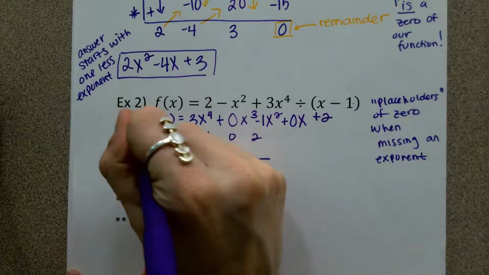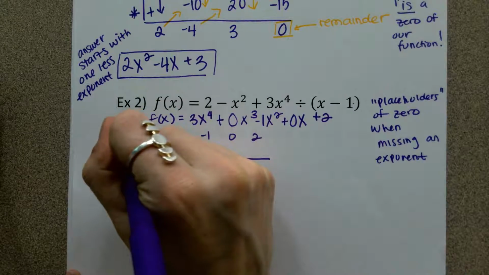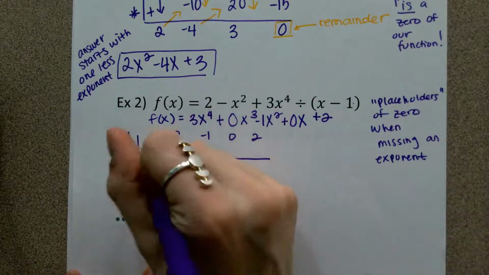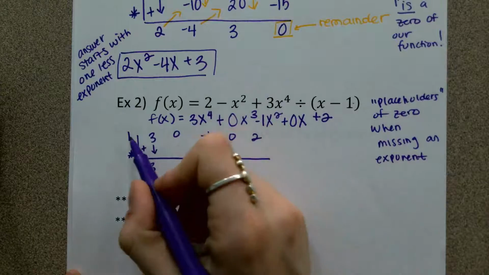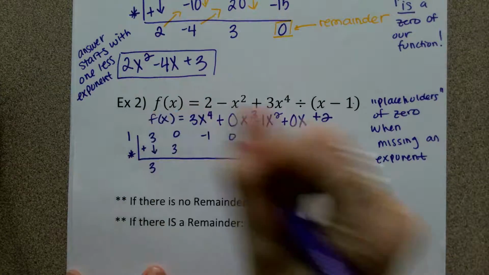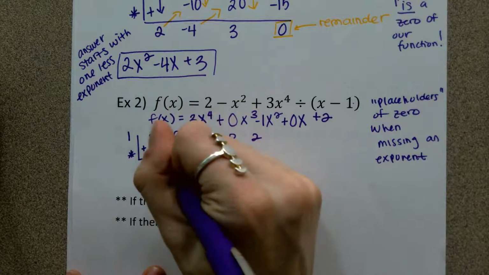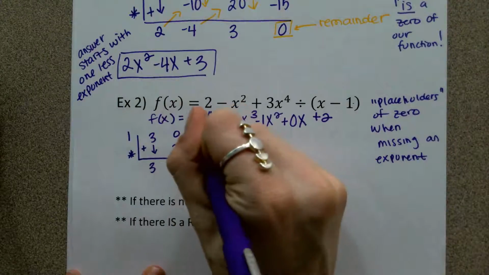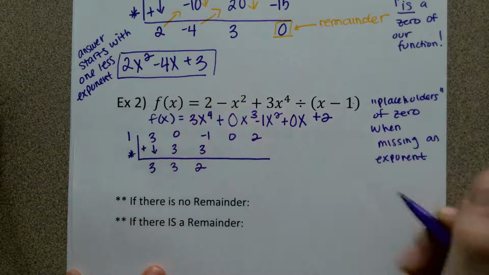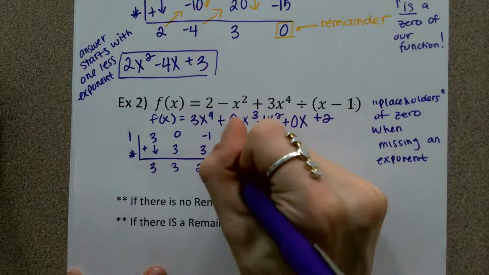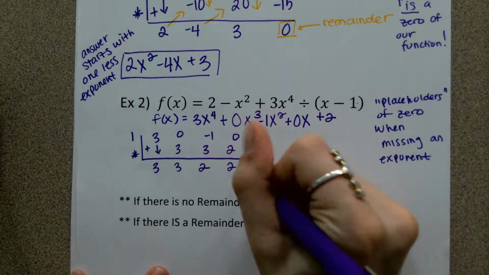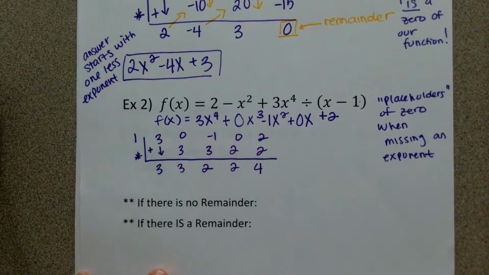First number comes down, adding on the inside, multiplying on the outside. So we have 1 times 3, which gets me 3. 0 plus 3 gets me 3. 1 times 3 is 3, minus 1 is 2. 1 times 2 is 2, 2 and 2 added together we get 4.